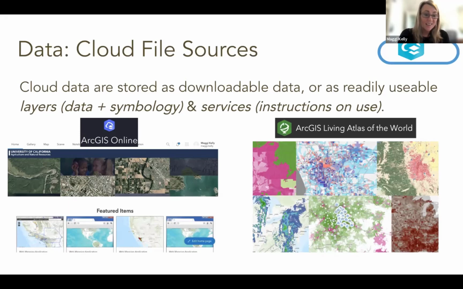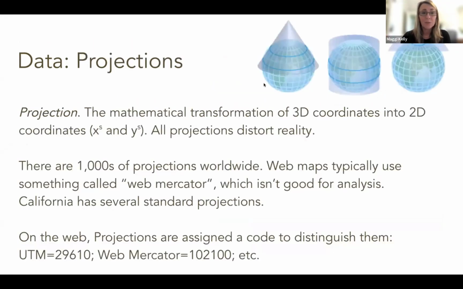ArcGIS Online is kind of catch as catch can. There's some stuff up there that's just somebody's research project, or somebody was playing around and they published it. So you've got to pay attention on ArcGIS Online to what you're getting. But two amazing places to find spatial data.